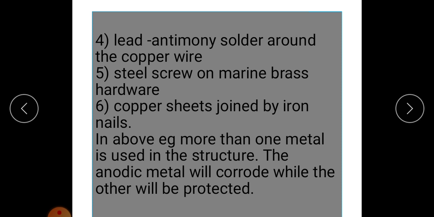In all these examples, more than one metal is used in the structure, and the anodic metal will corrode while the others will be protected. In all these structures, only the anodic metal is corroded and the other cathodic metal is protected.